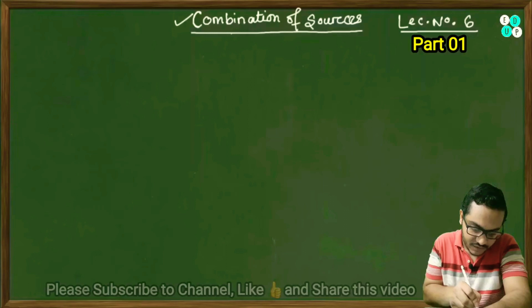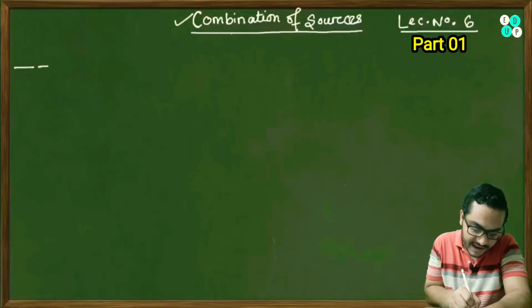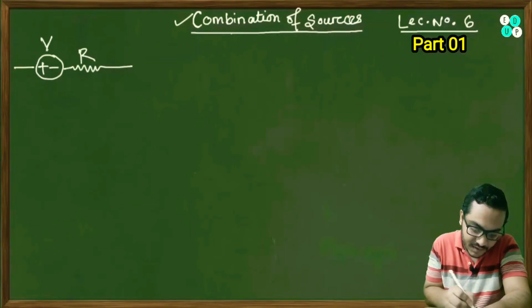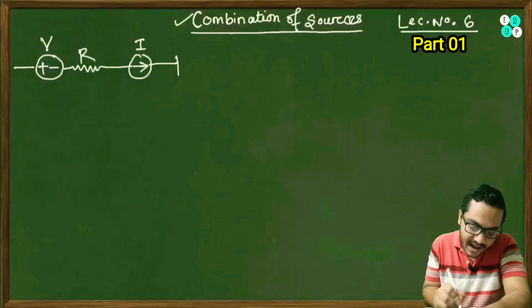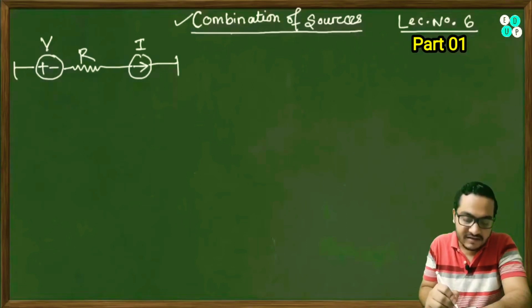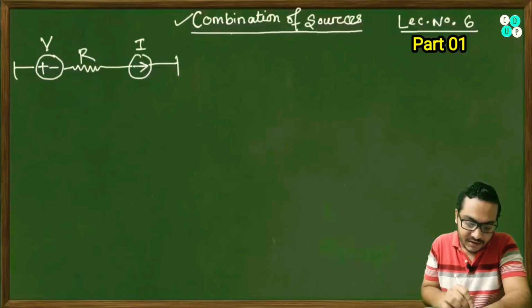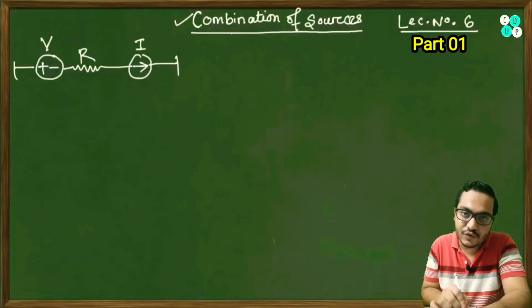Suppose there is a voltage source V with its internal resistance, let's say R, and a current source of magnitude I is connected in series with it. As I said earlier, in series connection the current flowing through each element will be the same. Here there is a current source, so the total current flowing through this branch is decided by this current source alone.